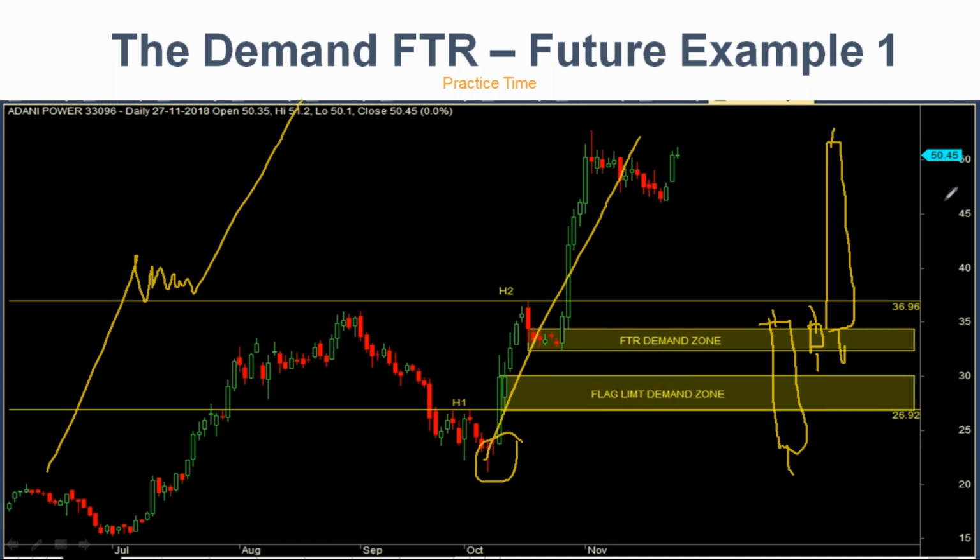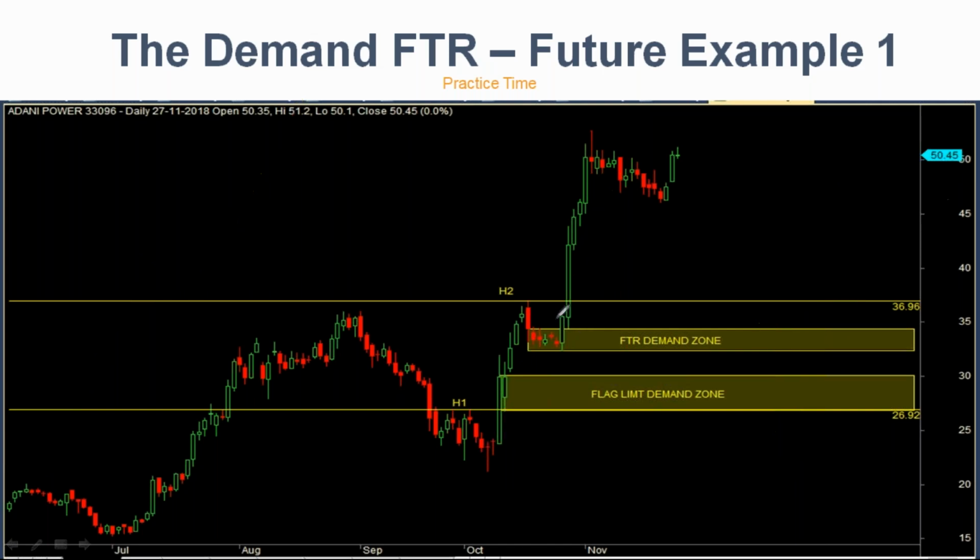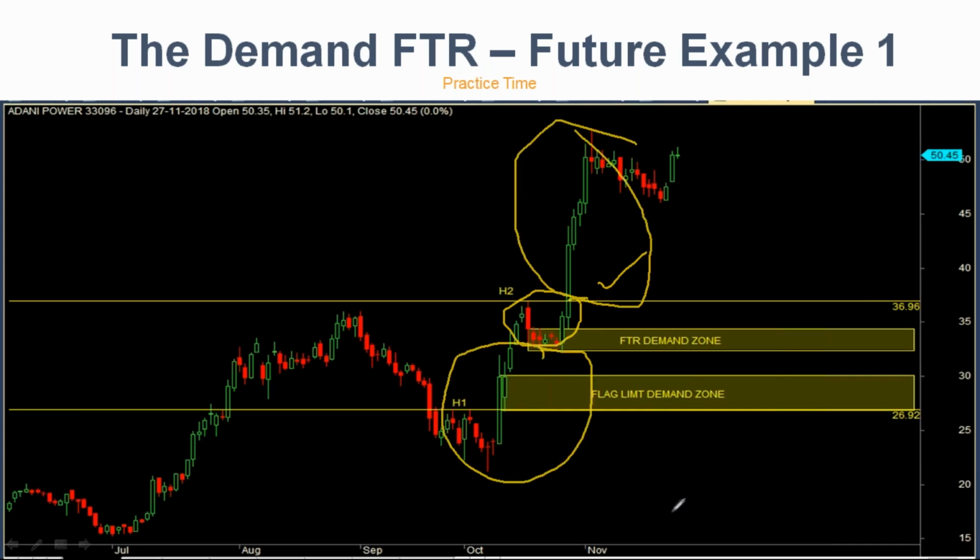Okay. Yes, exactly. At the high, it's a DBR. It's a drop base rally at a daily time frame. What is this in a bigger time frame? Momentum, base, momentum. So it's rally, base, rally.